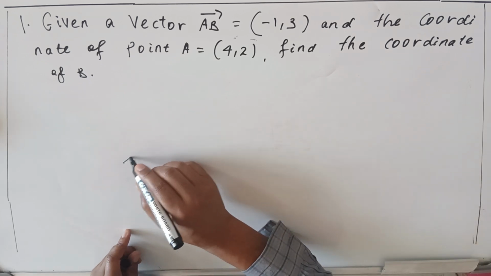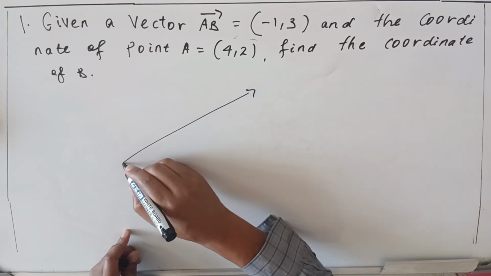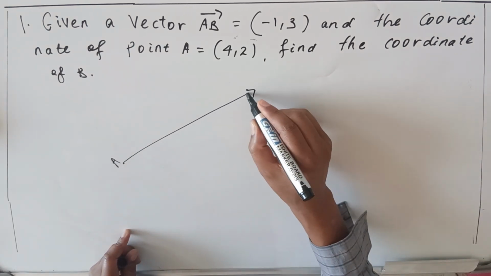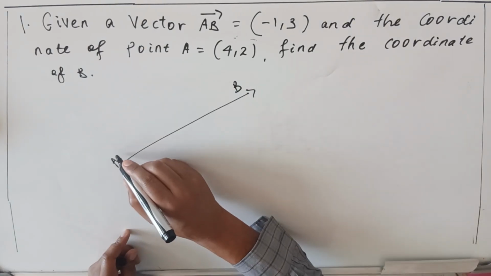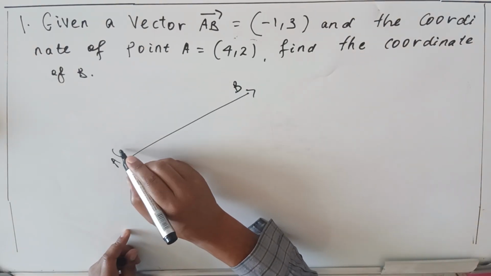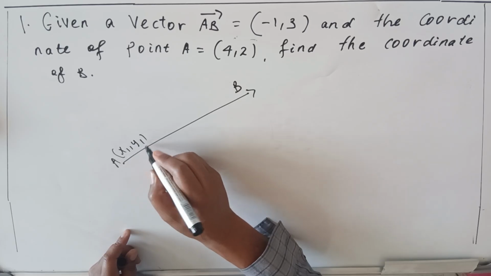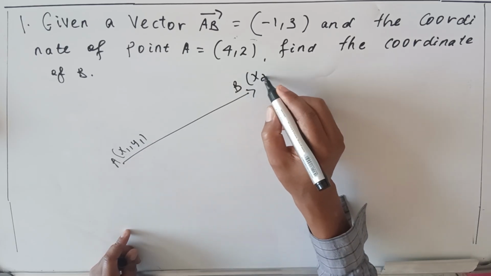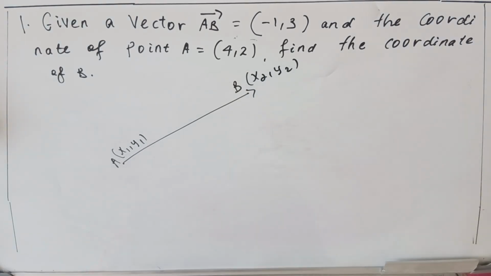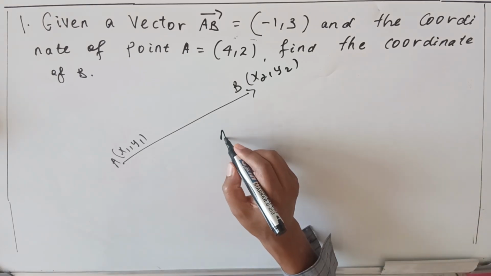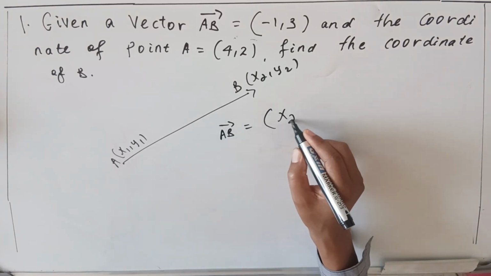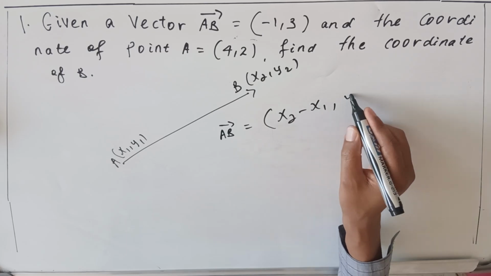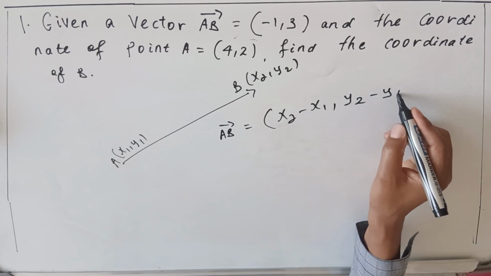That initial point is A, and our aim is to find the terminal point. So let the vector have initial point A and terminal point B. Assume A is x1, y1 and B is x2, y2. Then the component form of vector AB is equal to x2 minus x1, y2 minus y1.